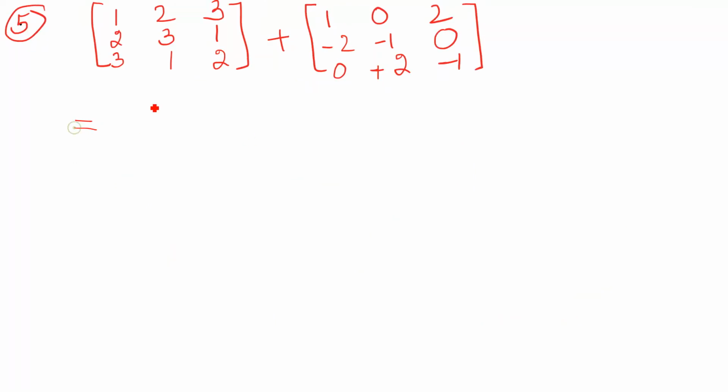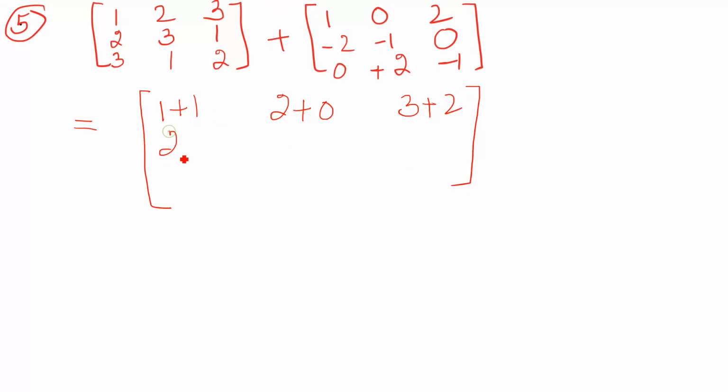Question number 5. 3 by 3, right? Dimensions are same. It means you can add or subtract. 2 plus 0, 3 plus 2, 2 minus 2, 3 plus. And whenever you see a minus sign, be careful, right?